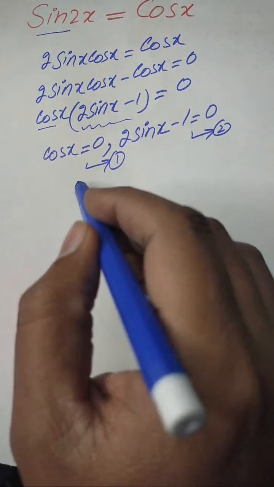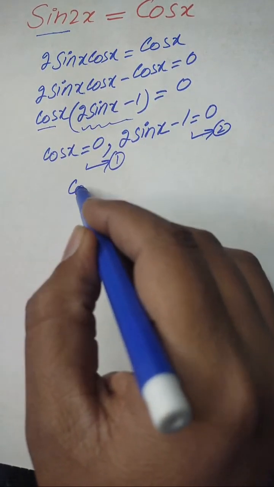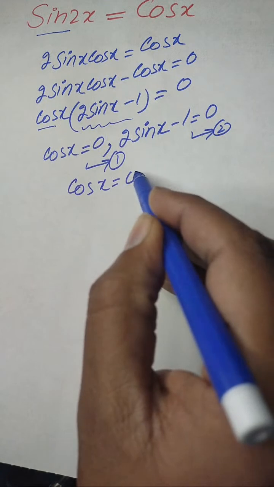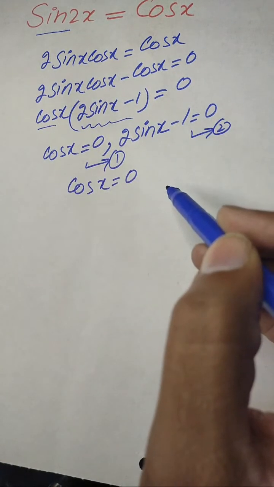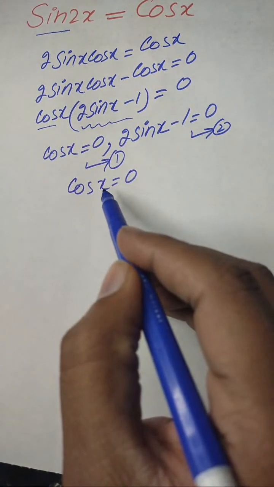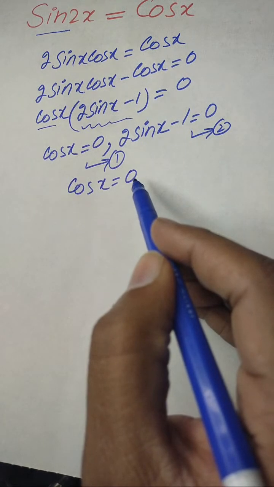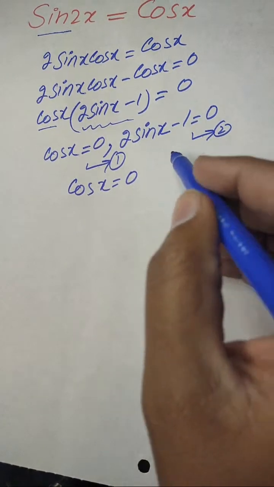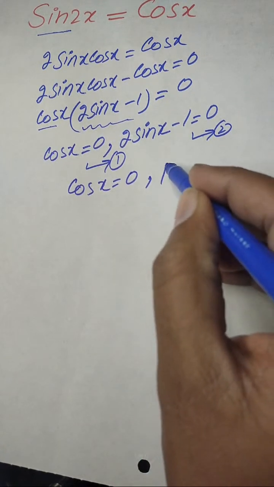First we solve equation number 1, cos x is equal to 0. Here you can see that cos is 0, and we know that the period of cos is 2 pi.